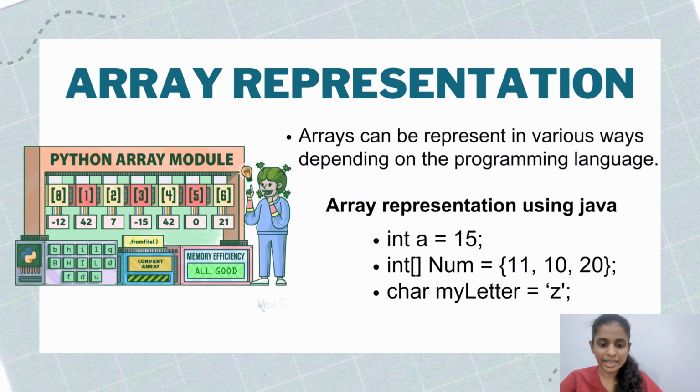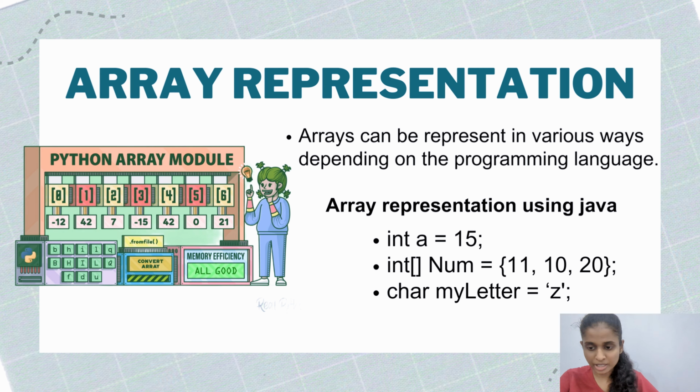Arrays can be declared in various ways in different languages. For illustration, let's take Java array declaration. First, you might have a simple integer variable like int a equal 15, which stores a single integer value. However, if you need to store multiple integers, you can use an array.